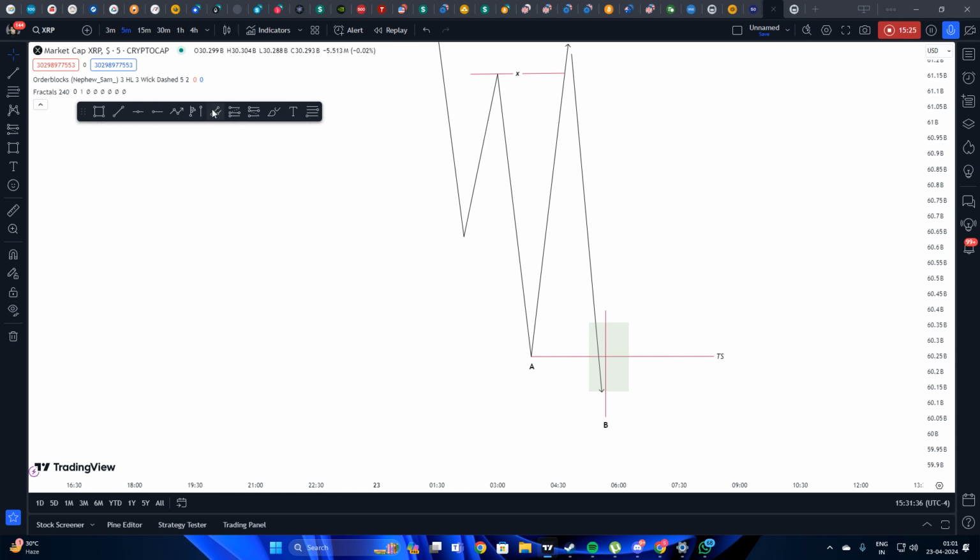What's going to happen at least 80% of the time is that the market is going to go up, but it will go down and touch either this wick or the body.